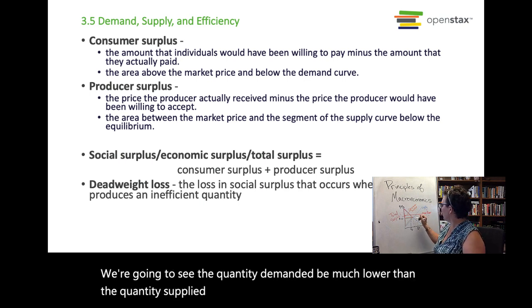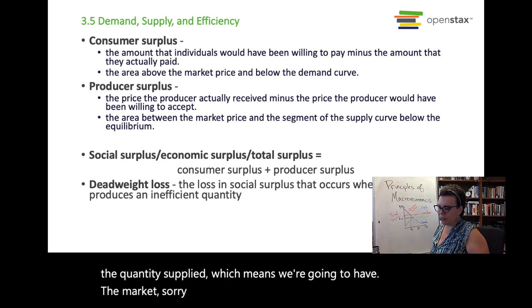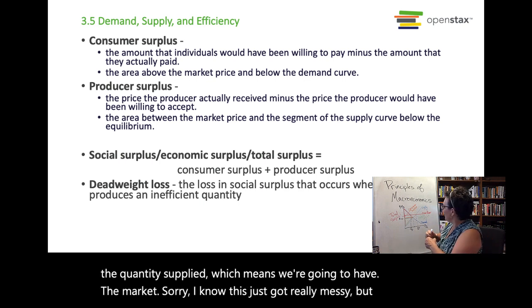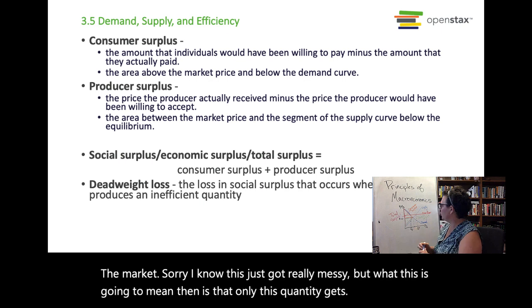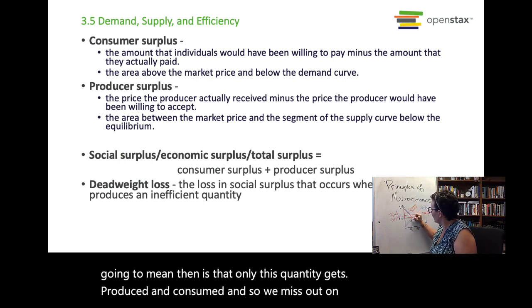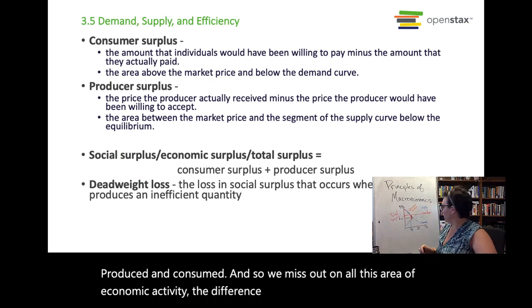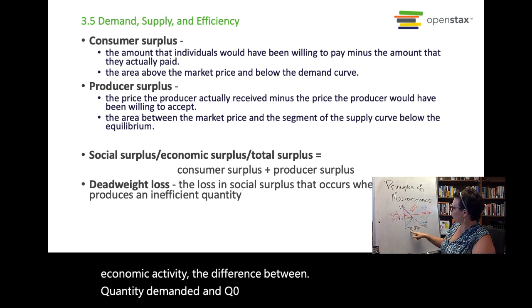I know this just got really messy, but what this is going to mean is that only this quantity gets produced and consumed. And so we miss out on all this area of economic activity. The difference between quantity demanded and Q0 is right here.